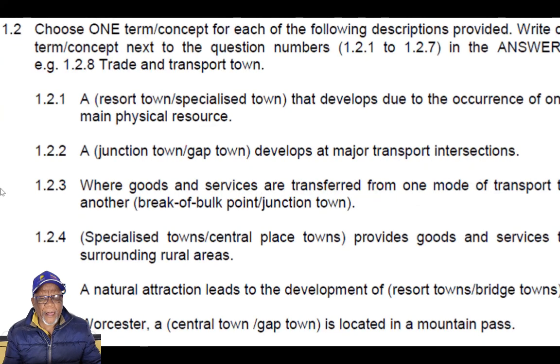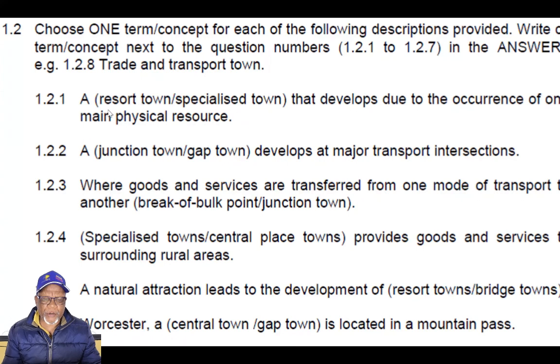Let's continue with our short objective question. Choose one term or concept for each of the following descriptions provided. Write a term or concept next to the question number. You choose one term from the brackets that fits the description.